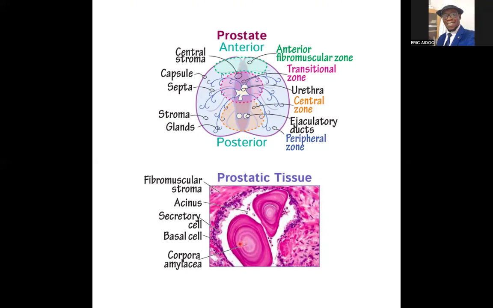So these are the corpora amylacea, the concretions that you find in aged prostates. Some believe that they are the residue of waste substances formed within the prostate, byproducts, for want of a better word, that become concretions like that.